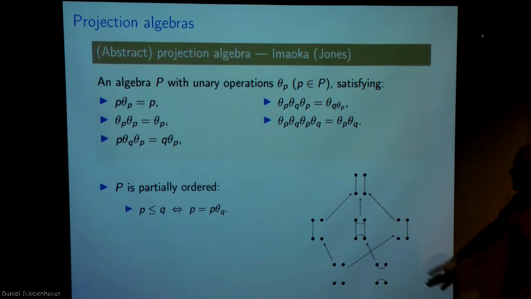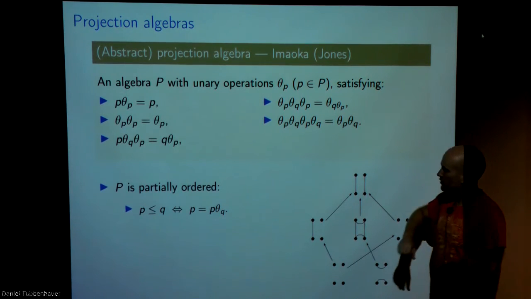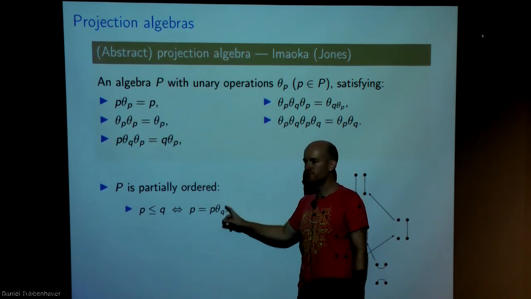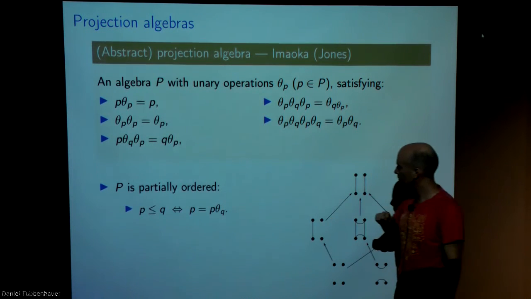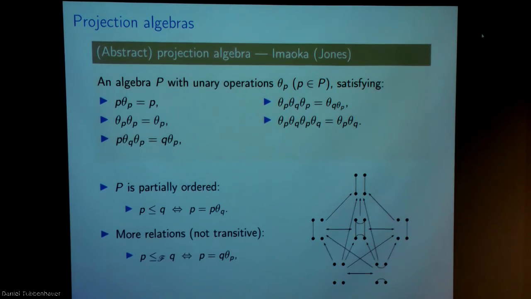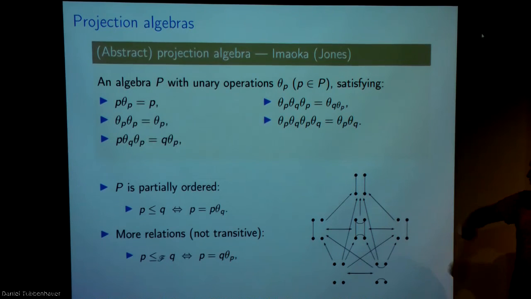All right, so I mentioned the partial order. You just say P is below Q if P is fixed by the operation Q. And in the case of the partition monoid on 2 elements, this is the Hasse diagram of the order. There's a bunch of other relations which we use the symbol F for friendly.